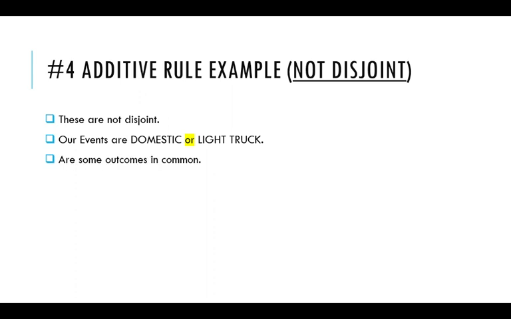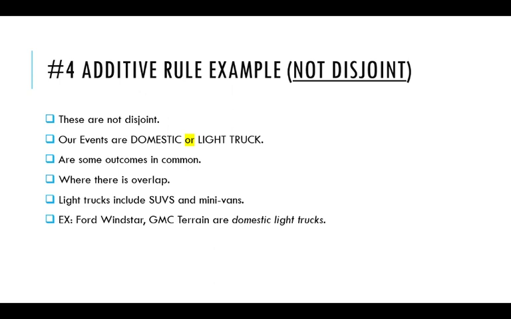There's going to be some overlap, so we need to make sure that we remove that overlap in our calculation. Well, what is the overlap between domestic and light trucks? Our light trucks are those SUVs and minivans, some of which are domestic. Ford Windstar, GMC Terrain, they are domestic light trucks. So we need to remove the overlap.